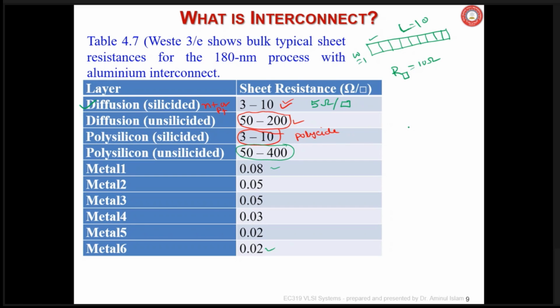And it is applied on diffusion or on the gate polysilicon. If it is applied on polysilicon, we say polycided, and silicided for diffusion. These kinds of terms are used. We'll see later on in detail. So why is it done? To reduce the resistance of polysilicon or diffusion region.